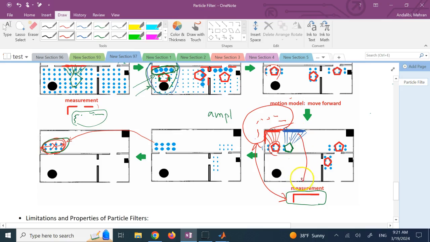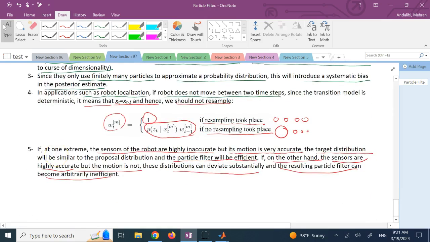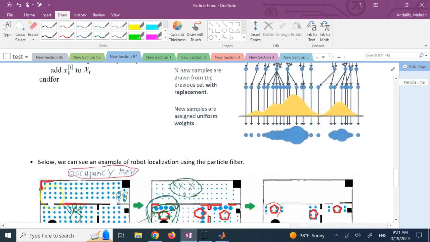But this one and this one clearly are not the same at all. So the importance of the model is more than the importance of the sensor. And if your model is bad and the sensor is good, guess what? Your algorithm might not do that well.